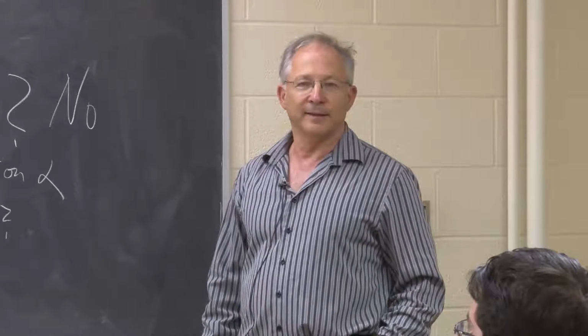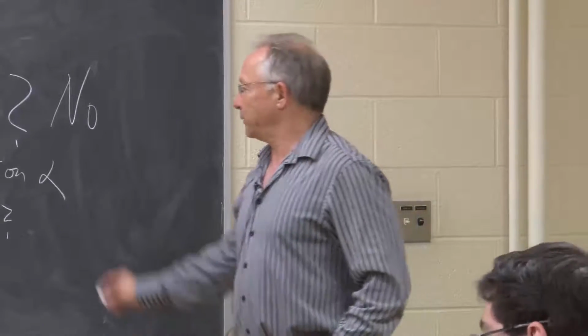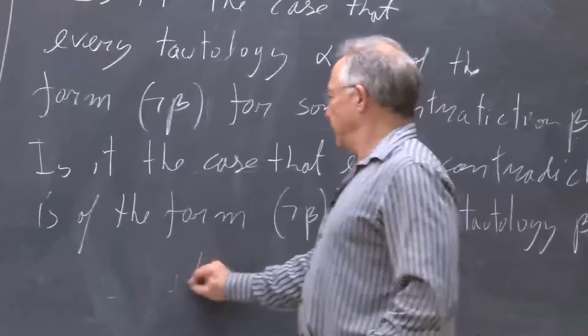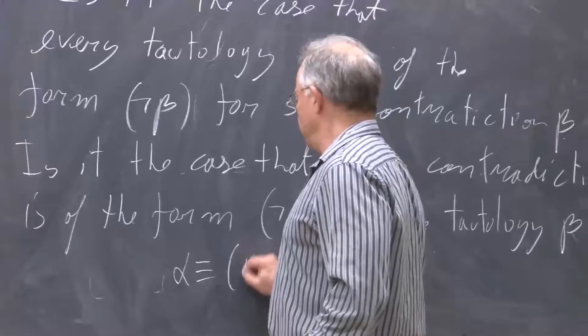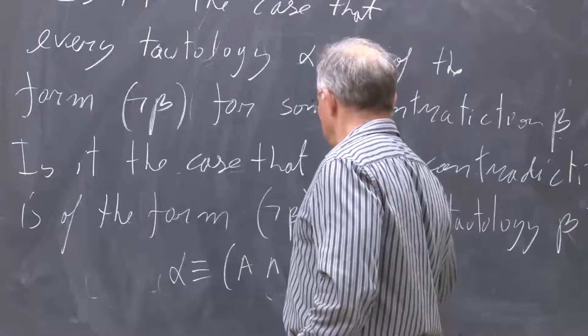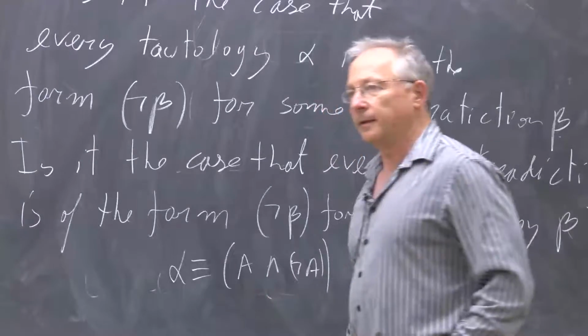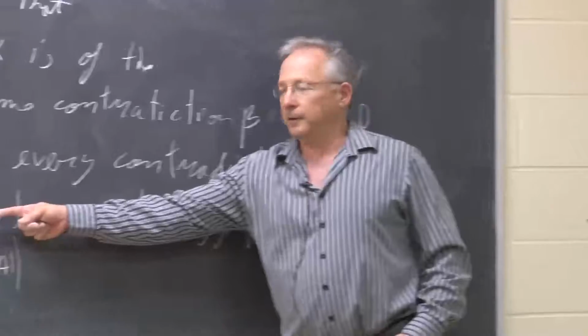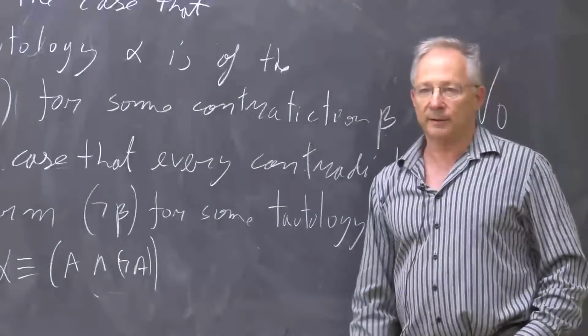Yes? You can have A and not A. Right. So the answer is again no. And an example here could be take alpha to be A and not A. Right? It is not of the form neg beta because it doesn't start with a negation.